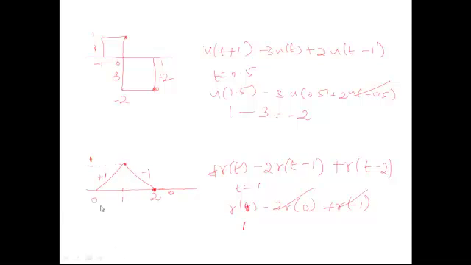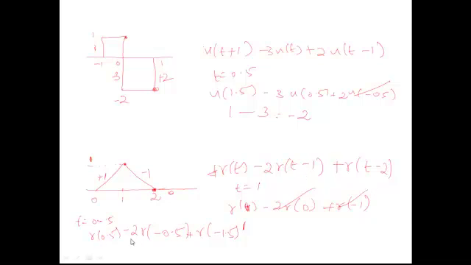Say for example you want to find out the value at t equal to 0.5. Apply it in this equation: r of 0.5, minus 2r of minus 0.5, plus r of minus 1.5. You are just applying 0.5 in this equation.